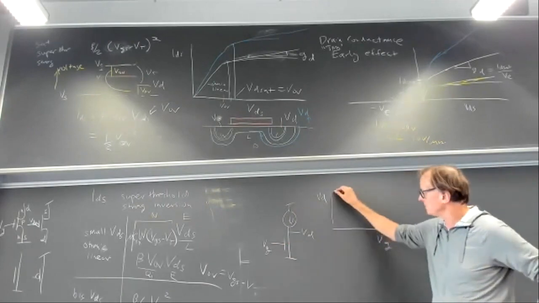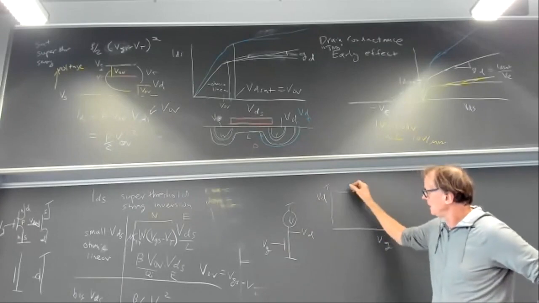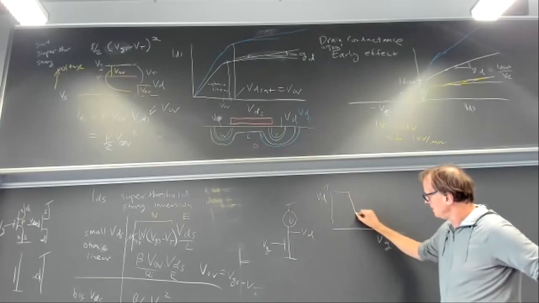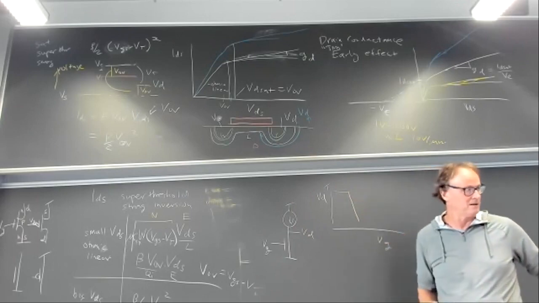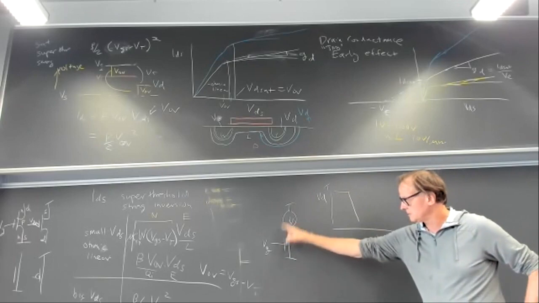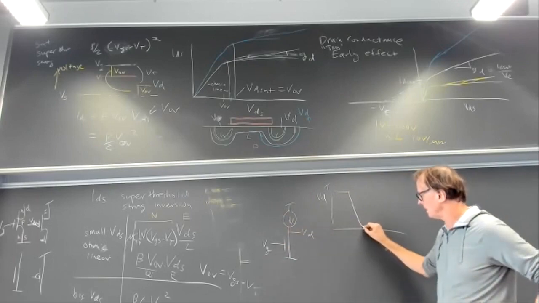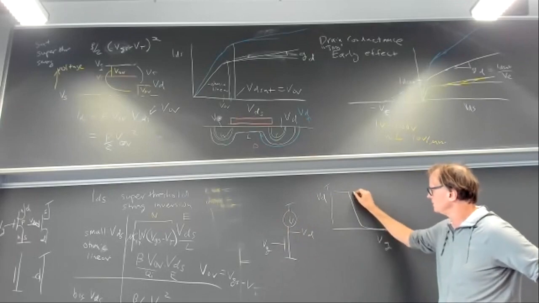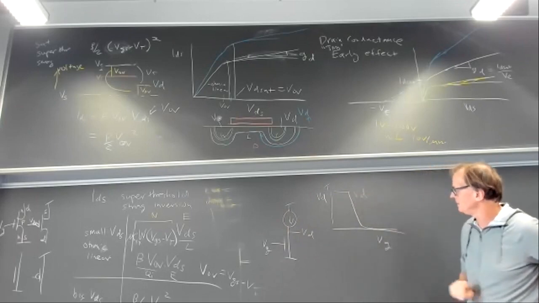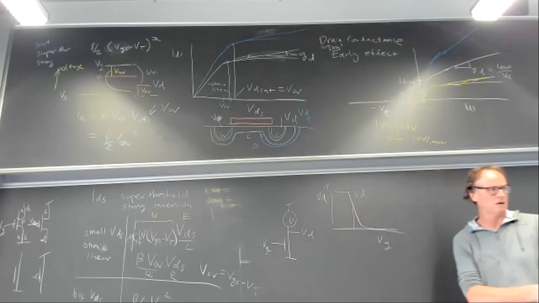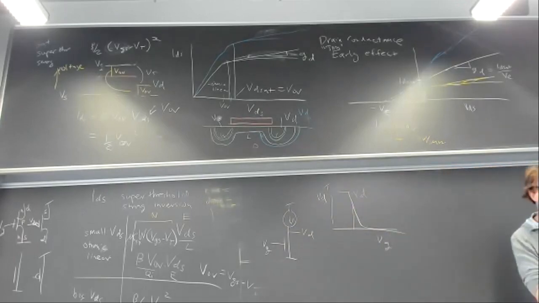For small gate voltage, you'll go up to VDD, and then at a certain critical gate voltage, it'll go down rapidly. And once you're above some gate voltage, the drain voltage will desaturate and you'll go almost to ground. So that will be the output voltage of this circuit, and this will be whatever gate voltage you need so that it'll roughly equal the input. Is it clear? This is what will happen.